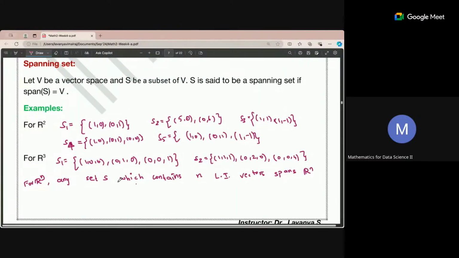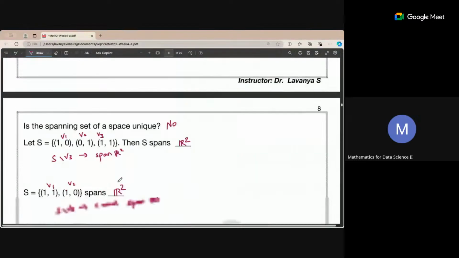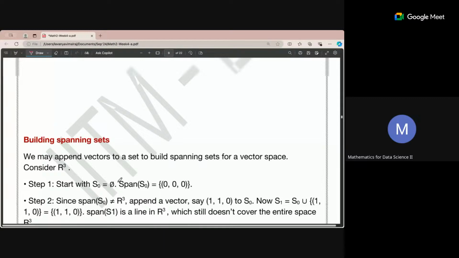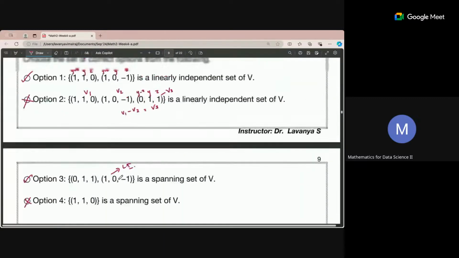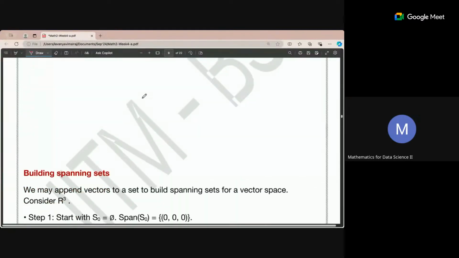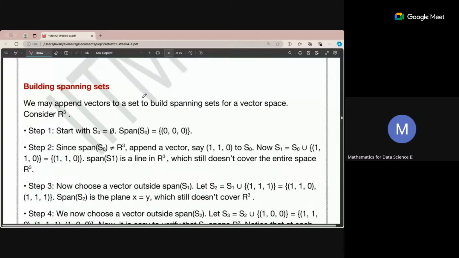But I am giving you some other vector spaces which are not familiar, maybe a kind of subspace. Suppose you are having some subspaces or other vector spaces. How will you build spanning sets? That is the next topic we are going to see.